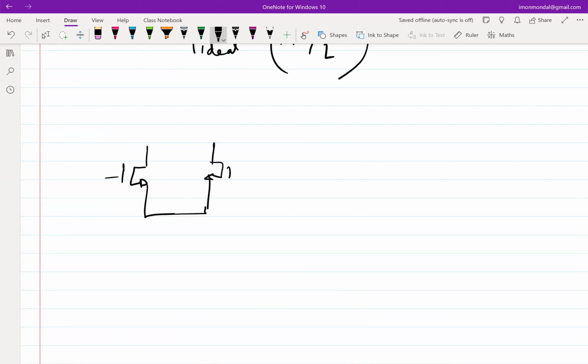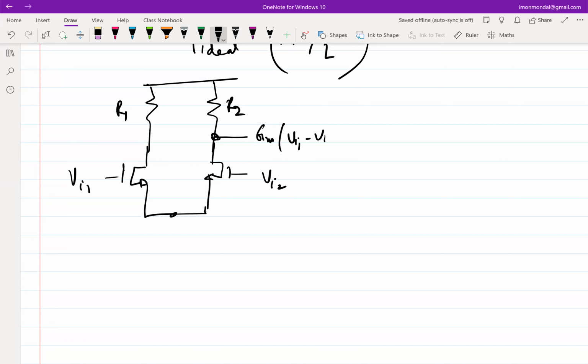Again, in the small signal regime, this is floating, this is not grounded. I call this one Vi1, I call this one Vi2. And let's say I call this R1, I call this R2. Then we see that this voltage was some Gm times Vi1 minus Vi2, and this voltage was the negative of that.